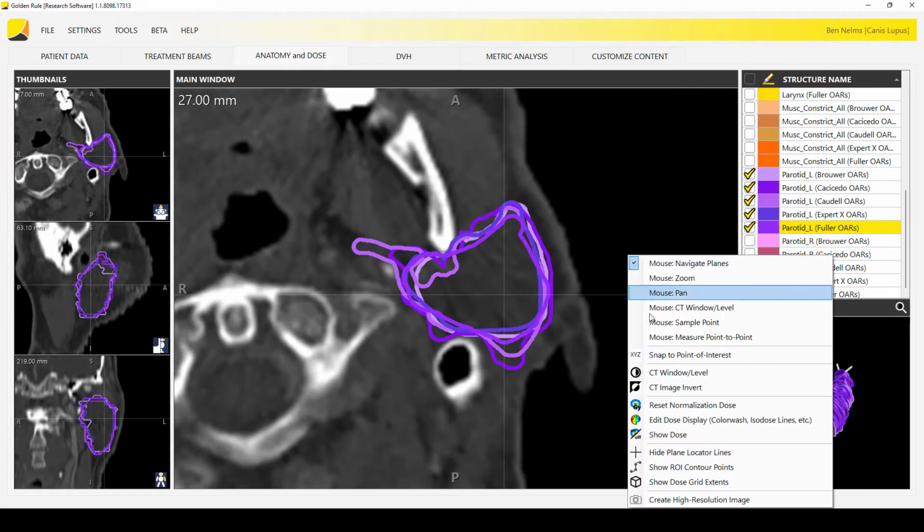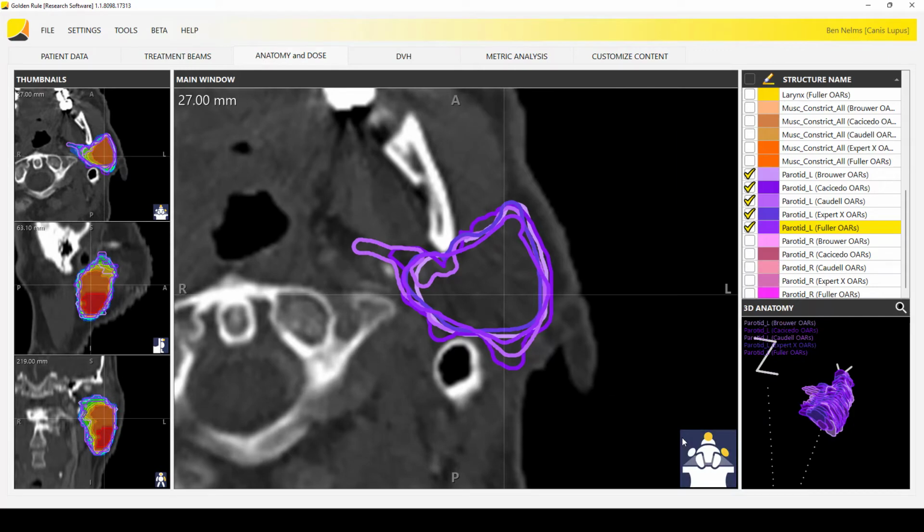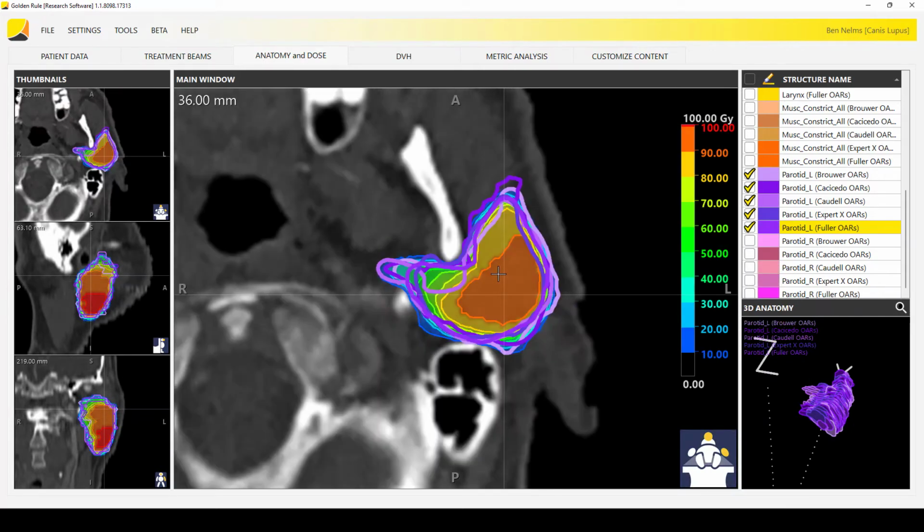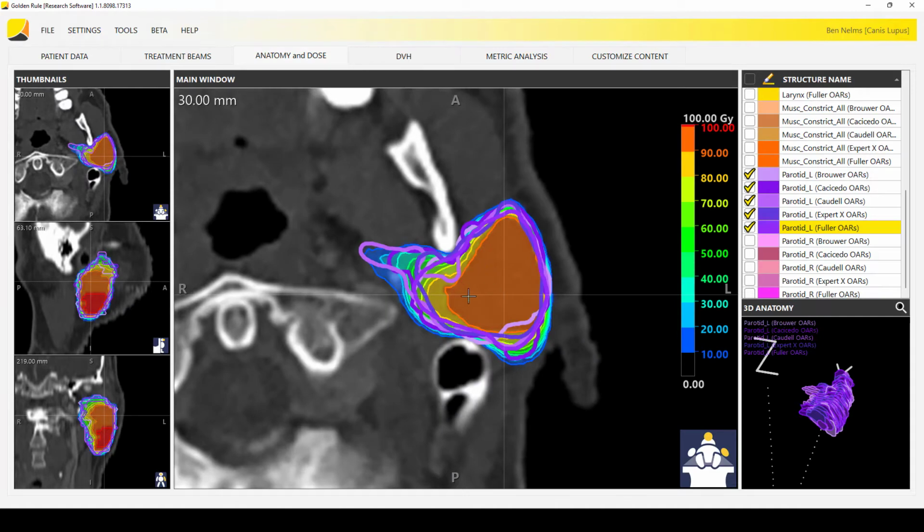But again, let's turn the population back on. And, you know, the population of experts really looks like the larger population of all the participants. So the experts are agreeing with some of the lower consensus lines, so the larger structure. We should see similar results for the right parotid. So let's load that and I'll go through it really quickly.